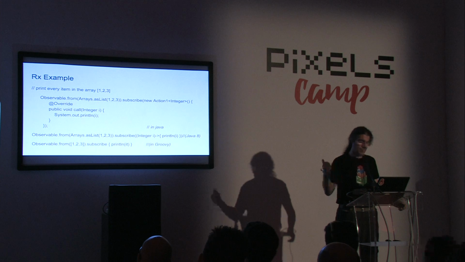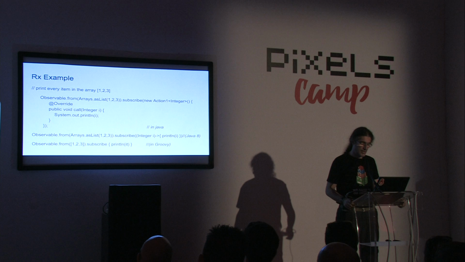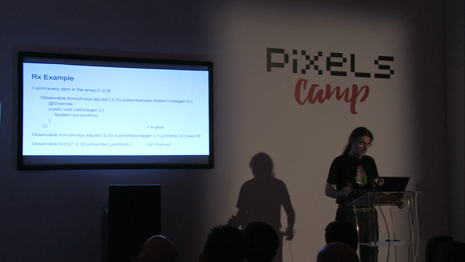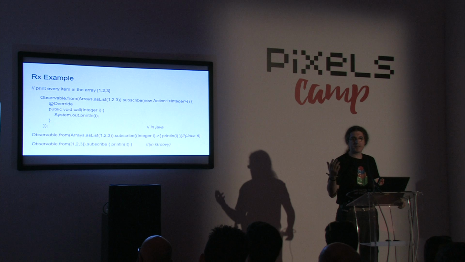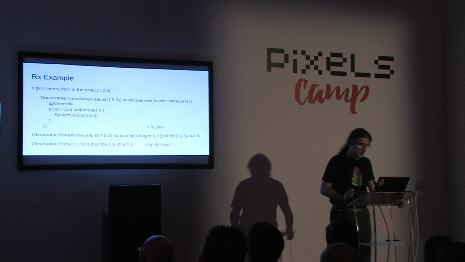If you move on to Java 8, which is almost available in Android, you've got lambdas and you can make it shorter. And I've put the Groovy version. I will just display it because the following examples are also in Groovy, so I just move ahead a little bit.